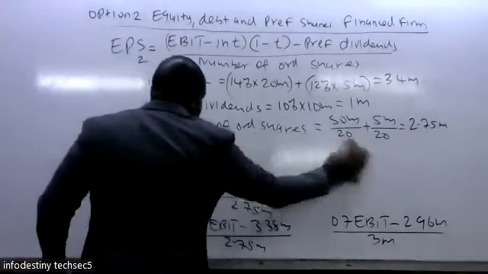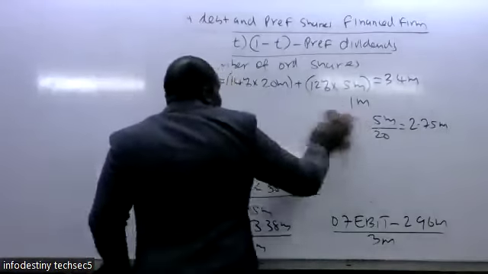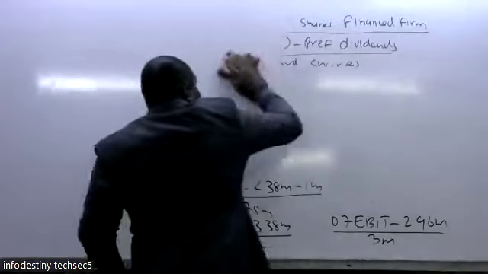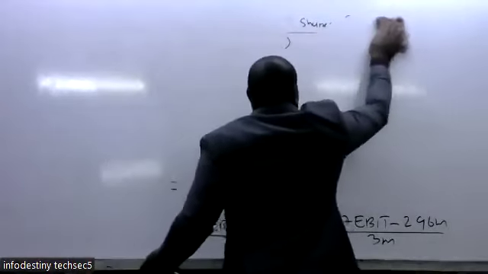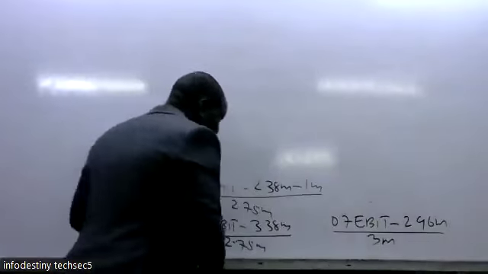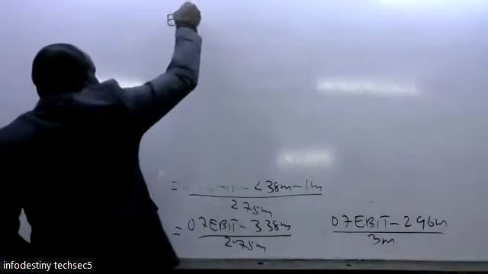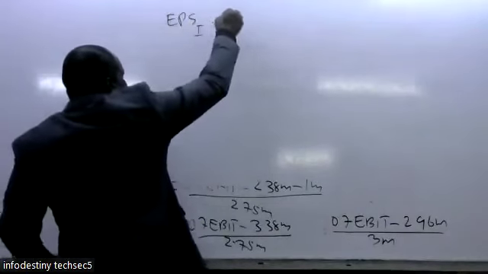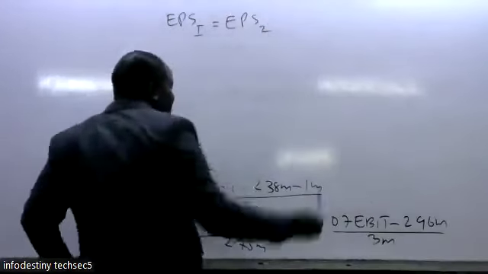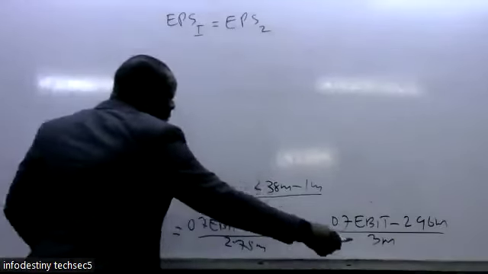After that, we have said that earning per share for option 1 should be equal to earning per share for option 2. So the one for option 1 was this one.